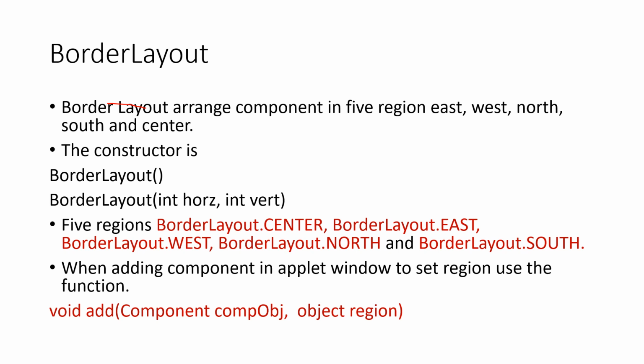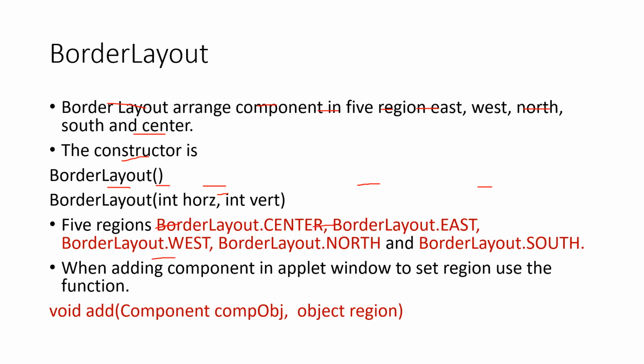Border layout arranges components in 5 regions: east, west, north, south and center. The constructors are BorderLayout() and BorderLayout(horizontal space, vertical space). The 5 regions are constant integers: BorderLayout.CENTER, BorderLayout.EAST, BorderLayout.WEST, BorderLayout.NORTH, BorderLayout.SOUTH.